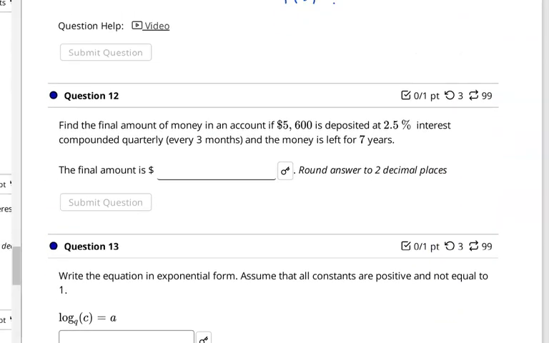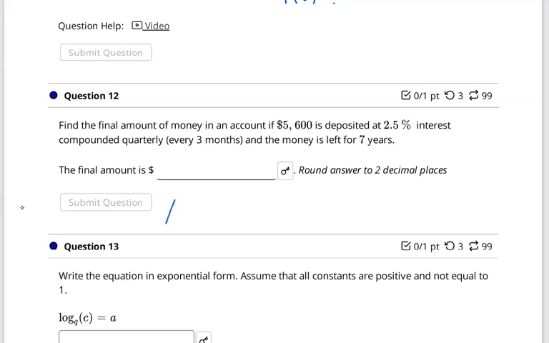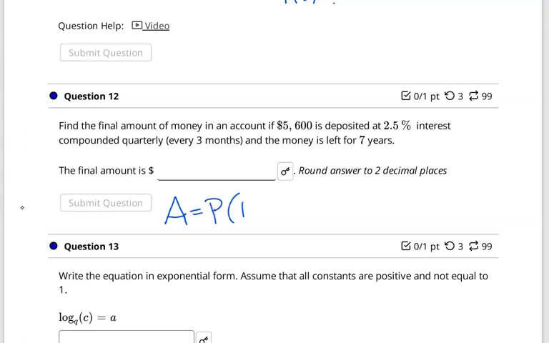Now we have one financial formula. This is one that we have memorized right now because it's fresh in our minds. We'll be looking it up in the future, but the accumulated or final value is equal to my principal times 1 plus the interest, 2.5%, remember that is equal to 0.025.